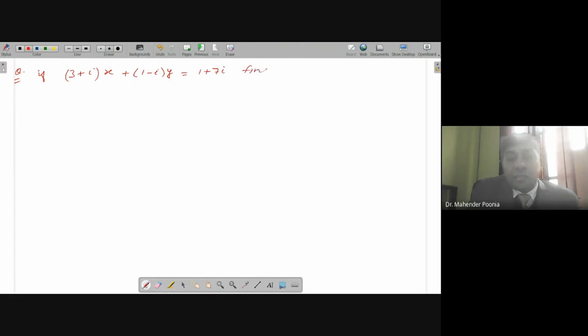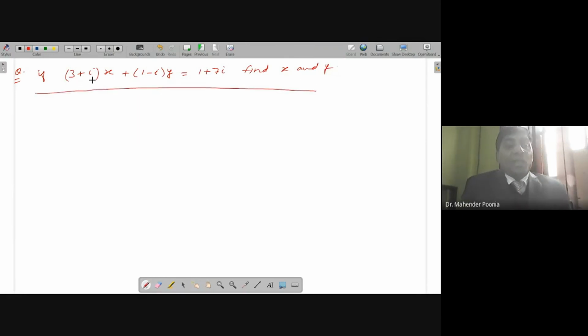Find x and y. The given equation is 3 plus iota into x plus 1 minus iota into y is equal to 1 plus 7 iota. We need to find the value of x and y.